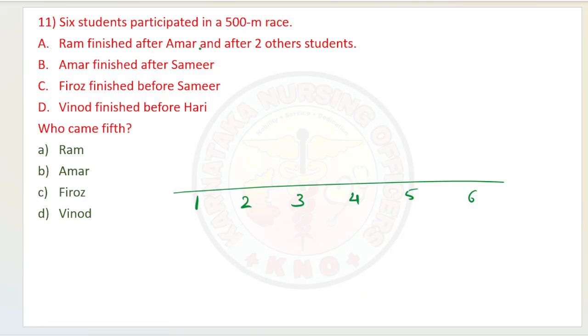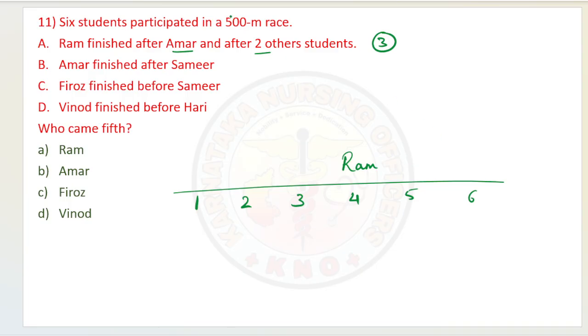Ram finished after Amar and two other students, which means a total of three members finished before Ram. Therefore Ram is in fourth place.